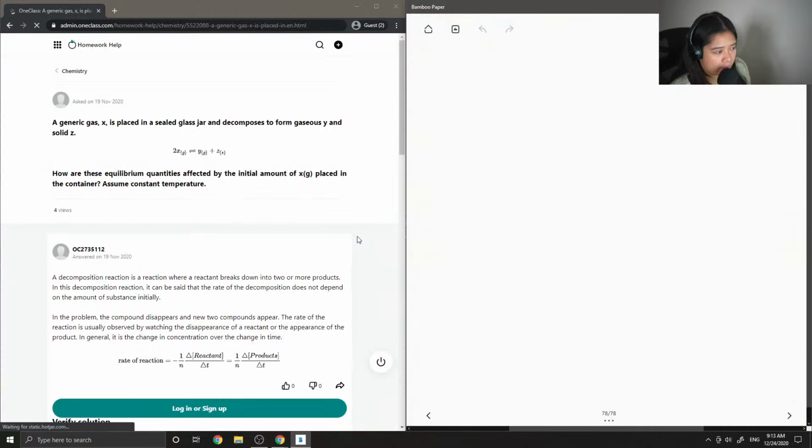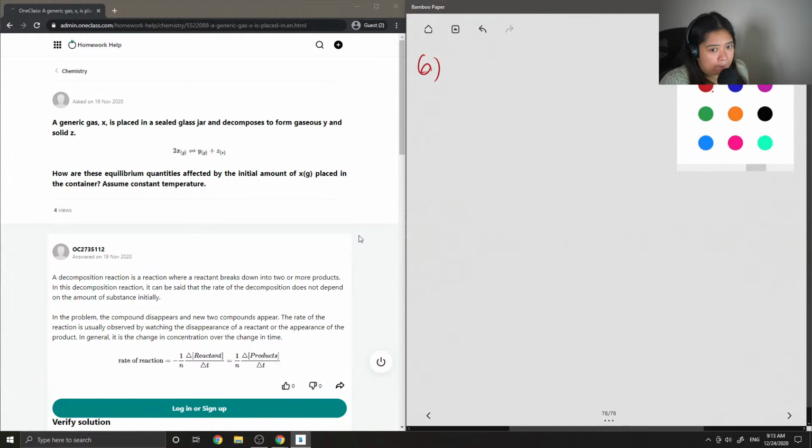Okay, so on to question 6. A generic gas X is placed in a sealed glass jar and decomposes to form gaseous Y and solid Z in the following reaction.